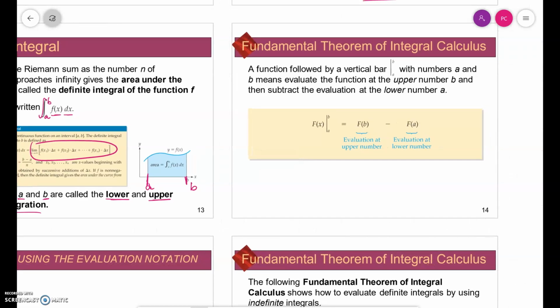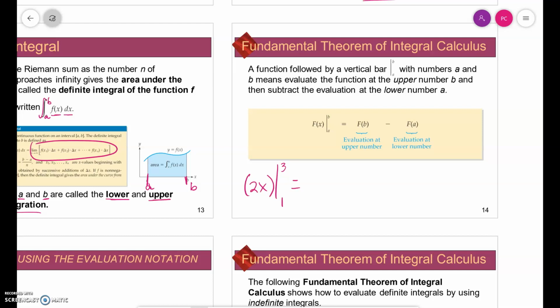So how do we deal with that now? It says a function followed by a vertical bar with numbers a and b means evaluate the function at the upper number b and then subtract the evaluation at the lower number a. So f of x evaluated from a to b is how you would say this. Say I had 2x evaluated from 1 to 3.